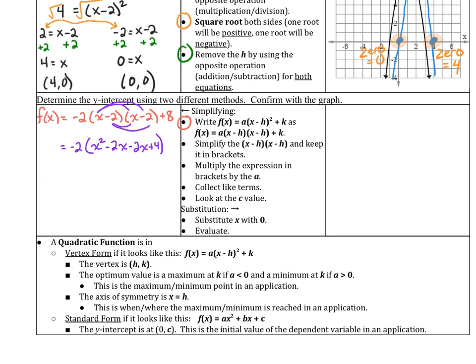That goes in brackets because it will have to be multiplied with the a value next, and the positive 8 is on the outside. That's the second step, to simplify those two binomials and keep it in brackets. The third thing to do is to multiply everything inside the bracket by the negative 2, using distributive law. That would give you this.